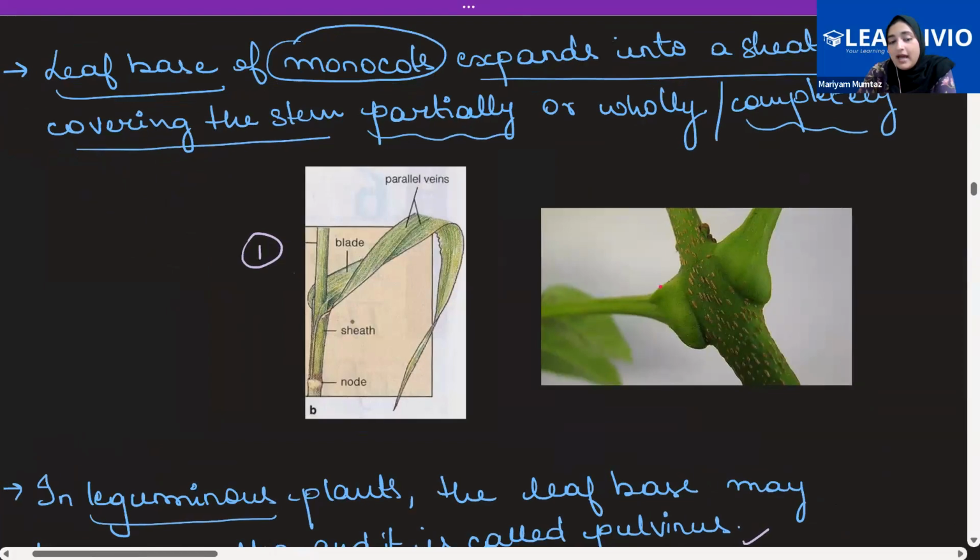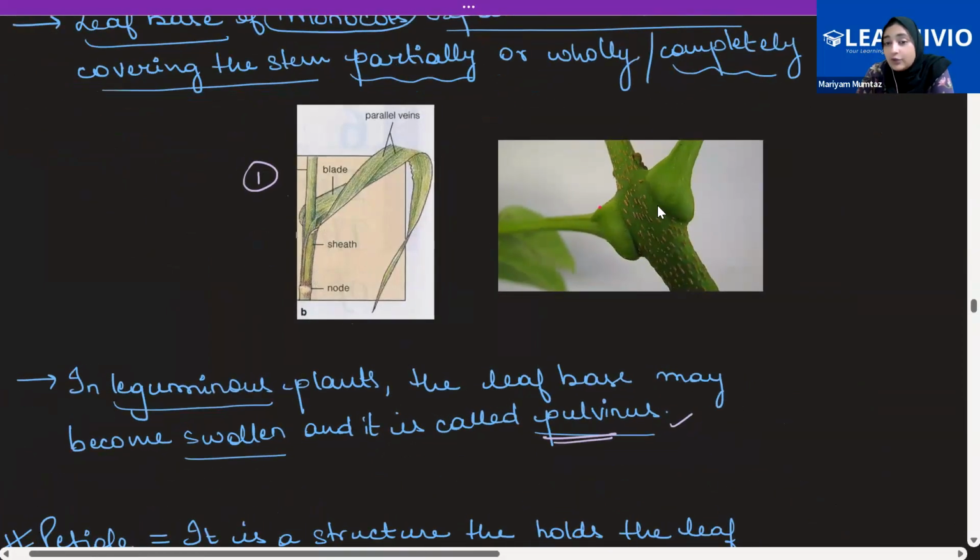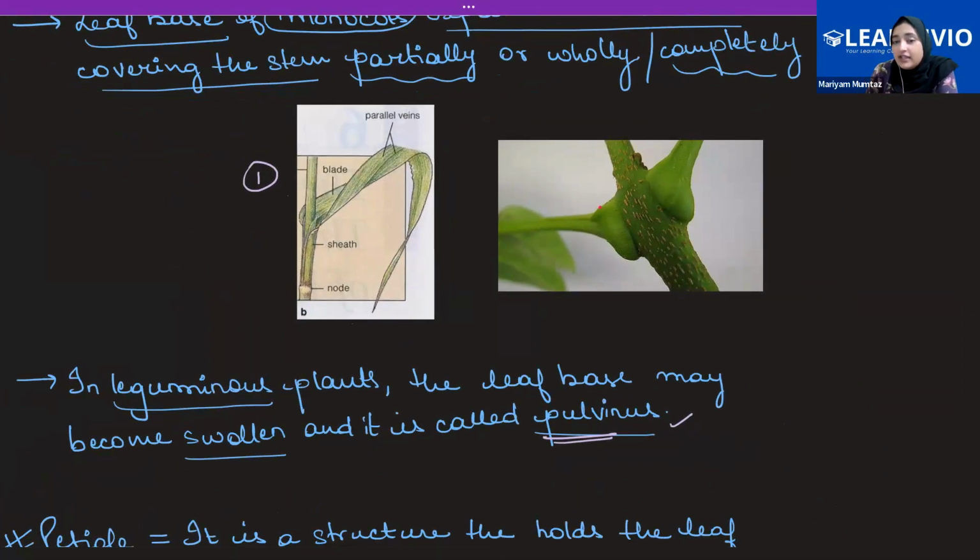Whereas in some plants, mostly the legume plants, the base of the leaf can get swollen. And this structure is called pulvinus. So a swollen leaf base is mostly found in the legume plants, meaning pulses and dals and everything. Is it clear? Yeah, ma'am.